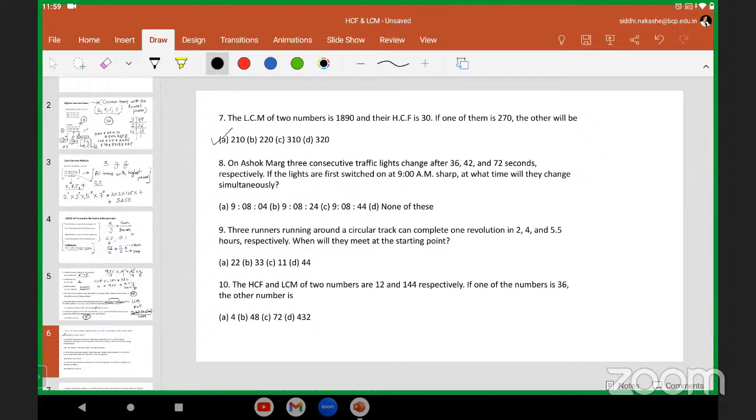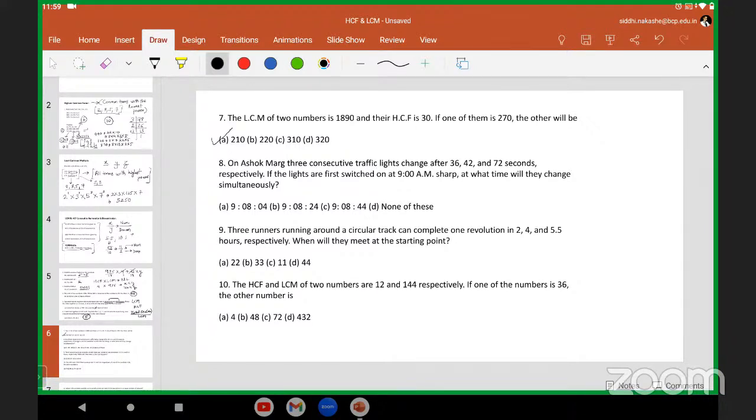So 504 seconds. If we look at the options, A, B, C, everyone has completed around 8 minutes. So 8 minutes is how many seconds? 480 seconds, right? So 504 minus 480.